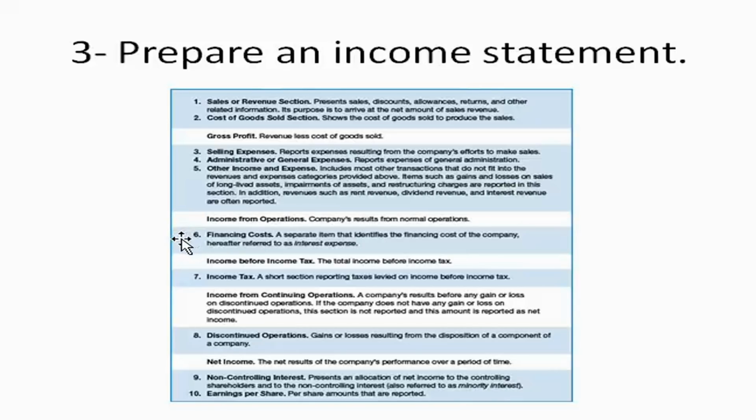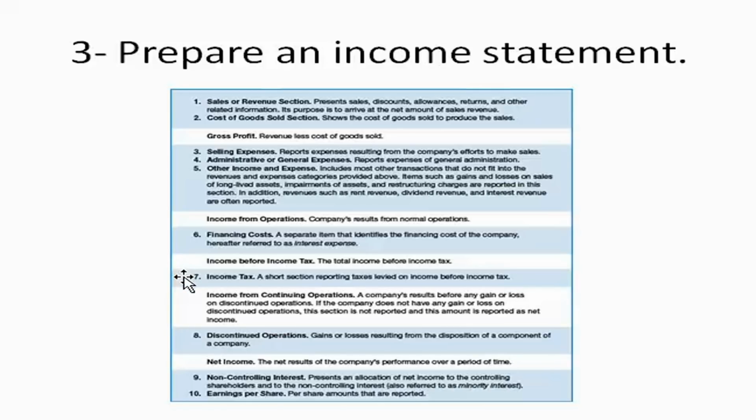Then عندنا في financing costs ده separate item that identifies the financing cost of the company. financing cost أو income from operation minus financing costs ديت هيديني income before income tax.